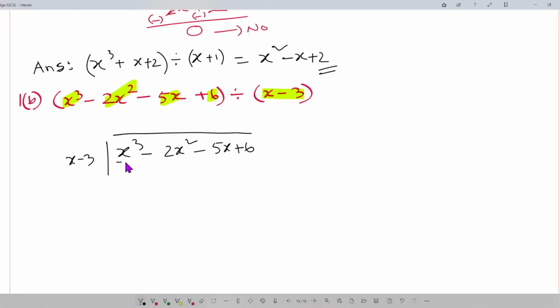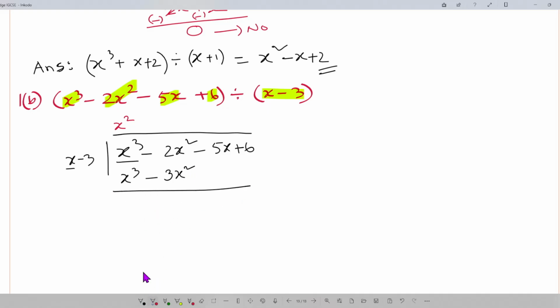So first term is x cube, we will divide by x, right? So here is x square. So x square times x is x cube. x square times minus 3 will be minus 3x square.